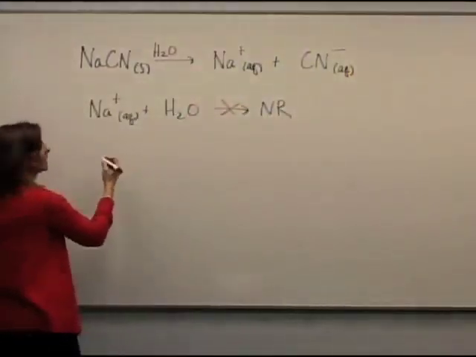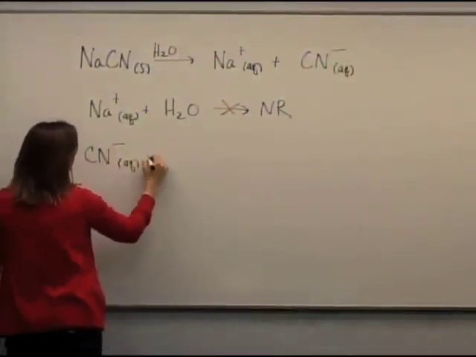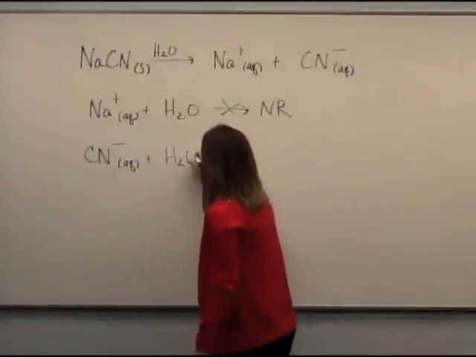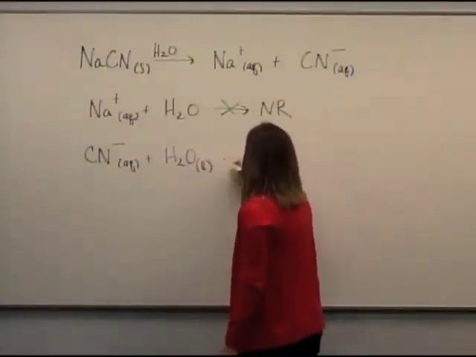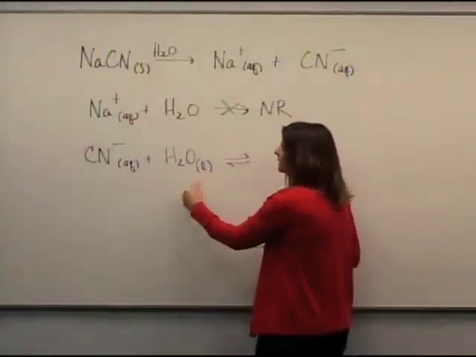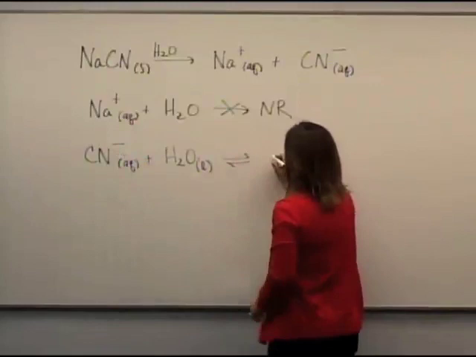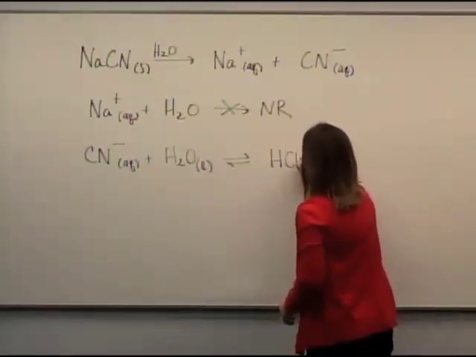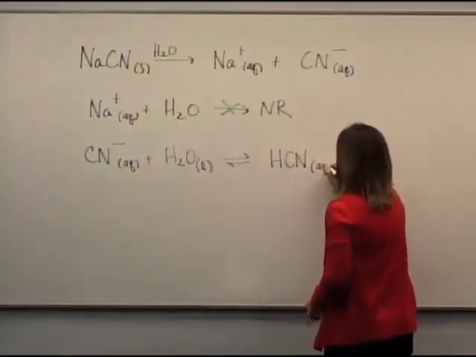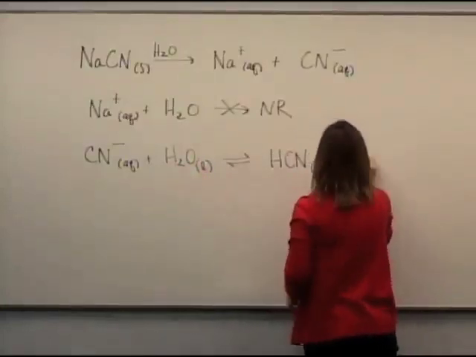But let's test that cyanide ion. And again, remember, water is composed of H plus and OH minus. The cyanide with this negative charge is going to interact with the H plus. And if it pulls H plus away from water, it's going to leave behind OH minus.